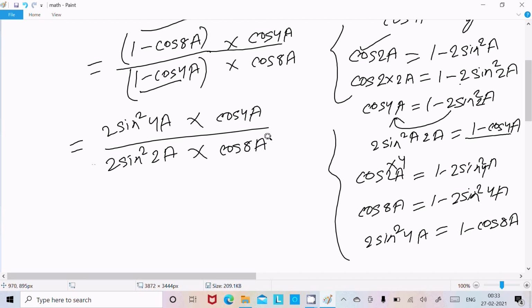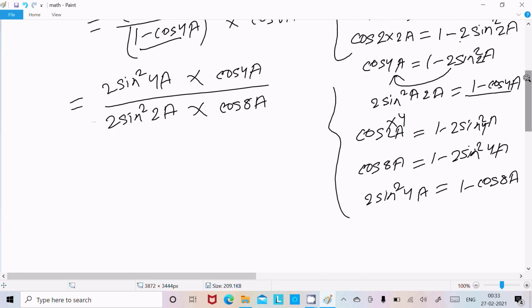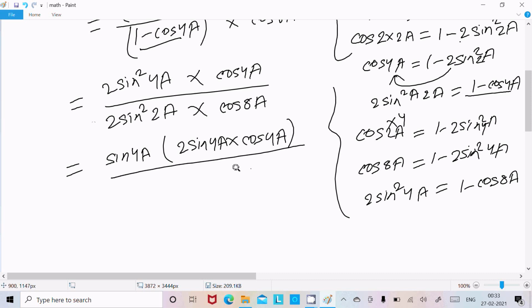Now what I'm trying to do is, there is 2 sin square 4A, so writing sin 4A into 2 sin 4A into cos 4A, and at this place just simply writing sin square 2A into cos 8A.